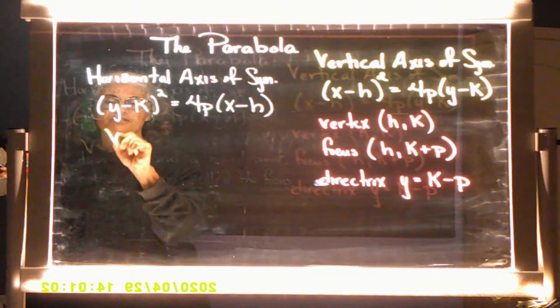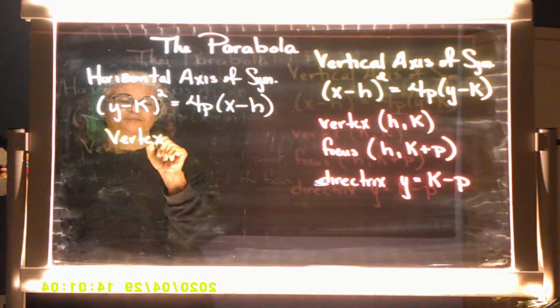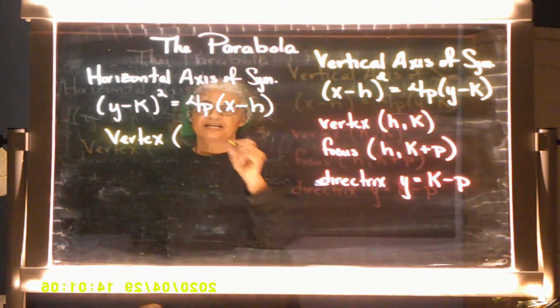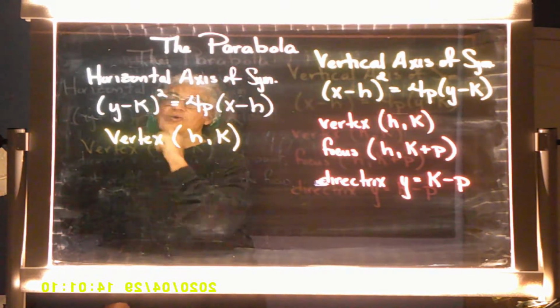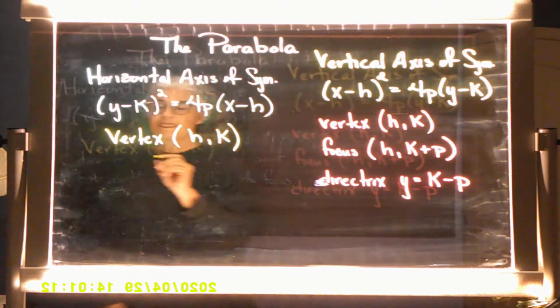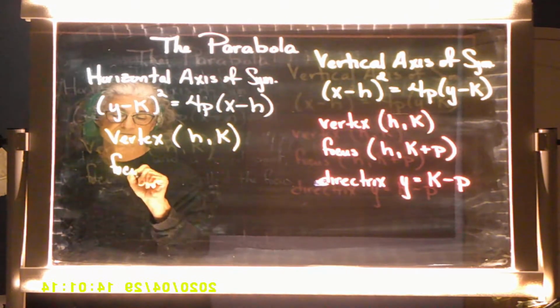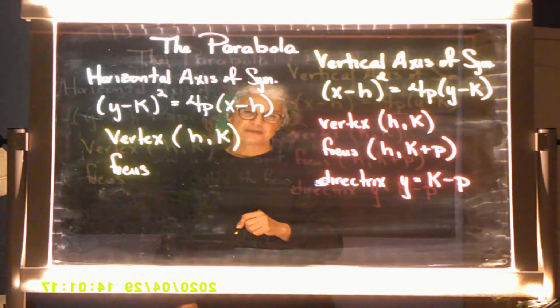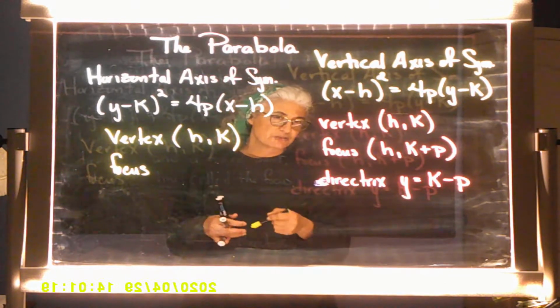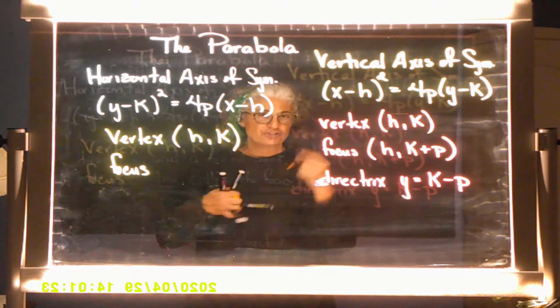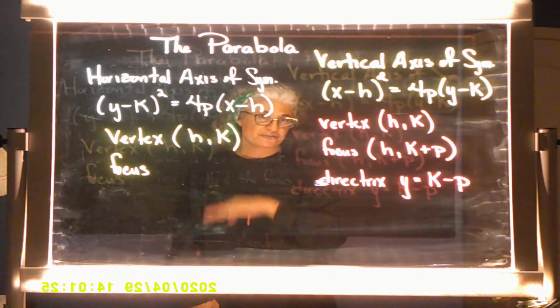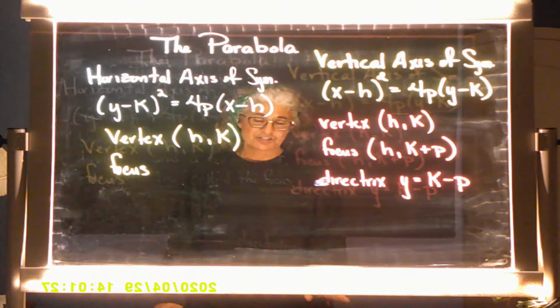Let's talk about the vertex. Vertex is not changing. It is still h comma k. X comma y. All right? The focus. Remember what I mentioned? The focus is always located where? Good, inside the parabola. So now I need you to picture a parabola that either goes left or right. And I don't care which direction you're looking.